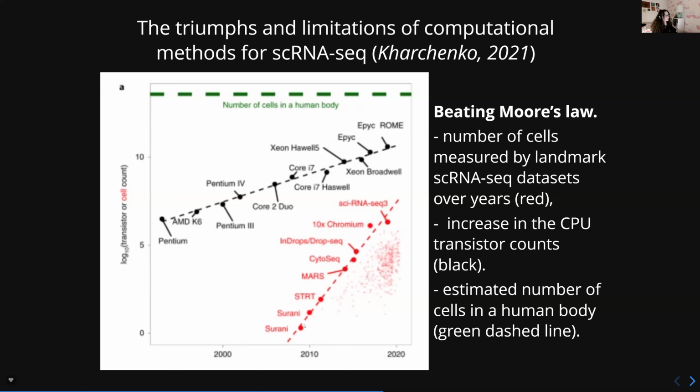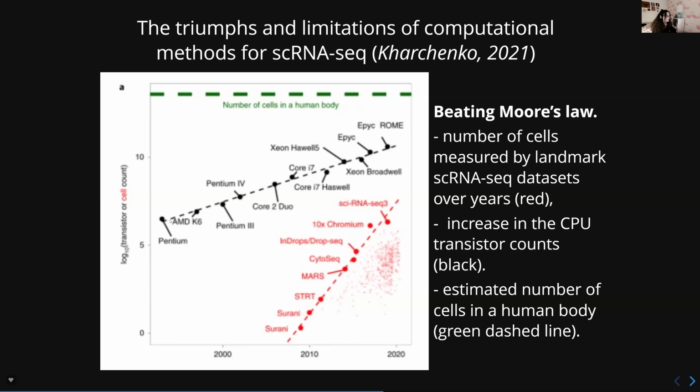Here we have a collection of main experiments, with the red line, and here we have the increase in CPU transistor counts.